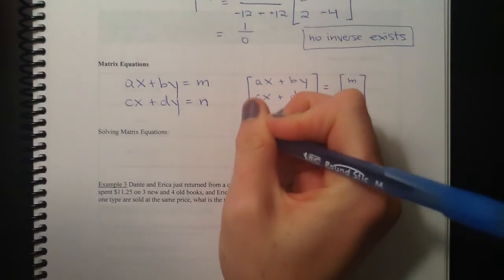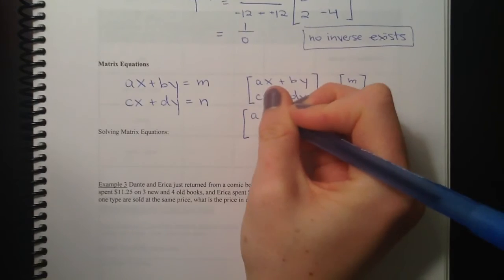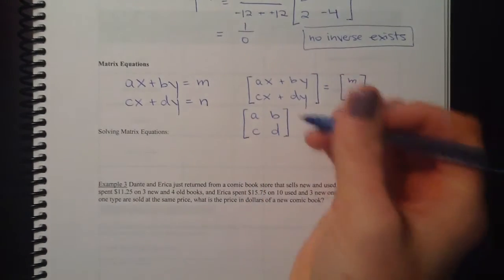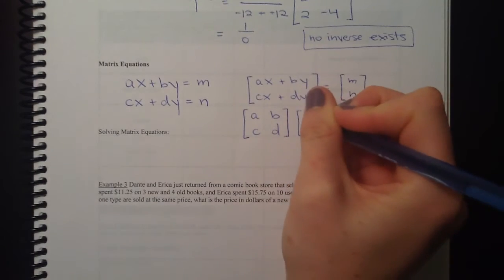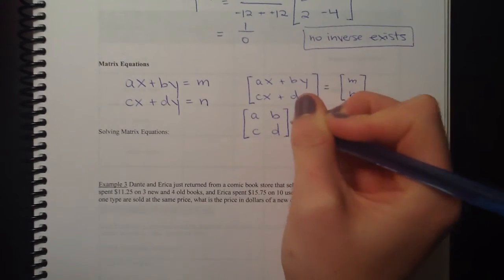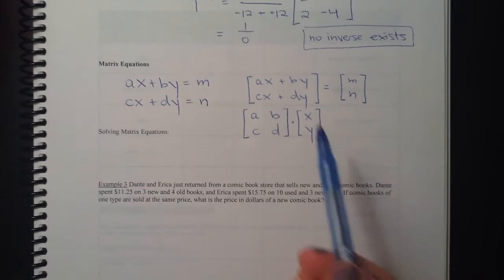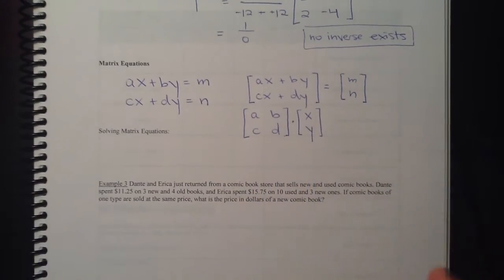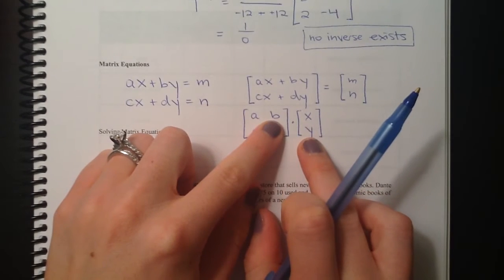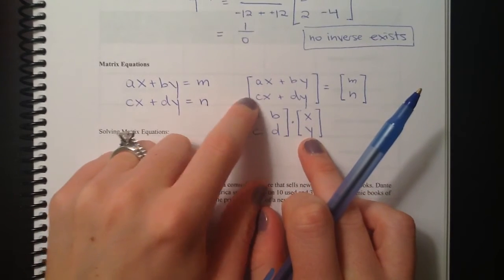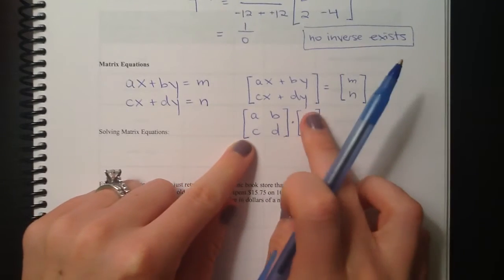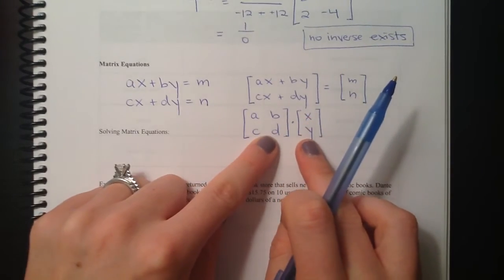We write the coefficient matrix just by pulling the coefficients off of x and y. And then there's the variable matrix, so times xy. Remember, you'll end up multiplying this by this, and that's where you get the ax plus by, and that'll be this item up here. And then you'll get the next one by multiplying this row by the one column, and that's where the cx plus dy will come from.